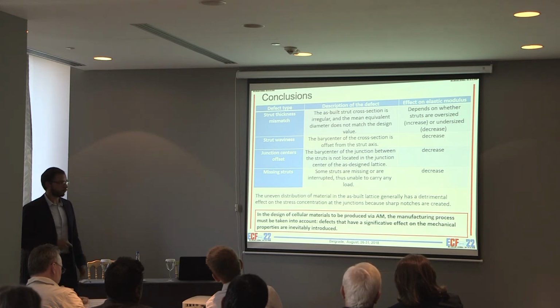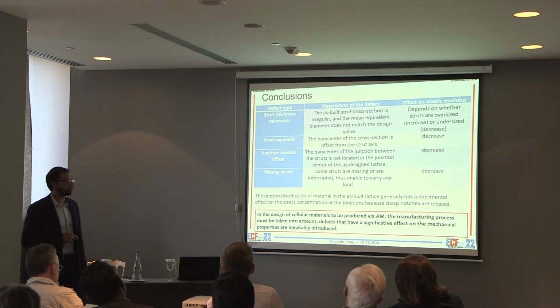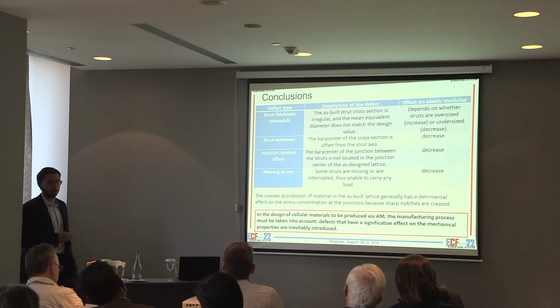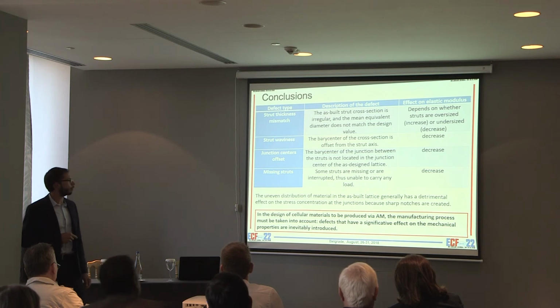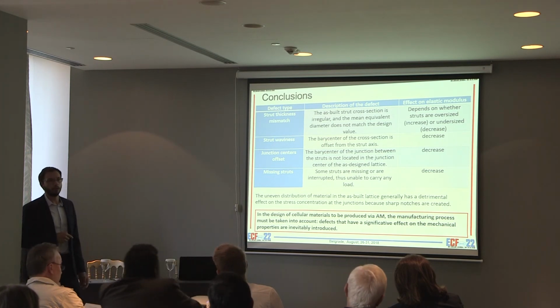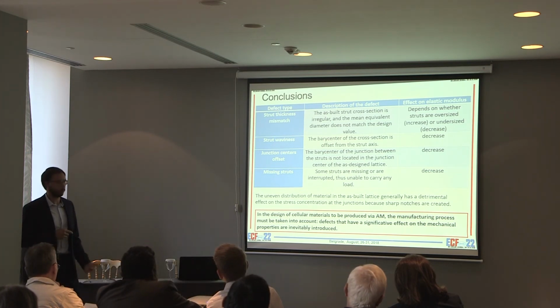And the lesson learned from this study is that in the design of cellular materials to be produced via additive manufacturing, and in particular selective laser melting in this case, the manufacturing process must be taken into account even in, let's say, the design phase.